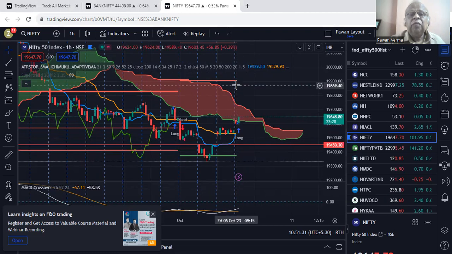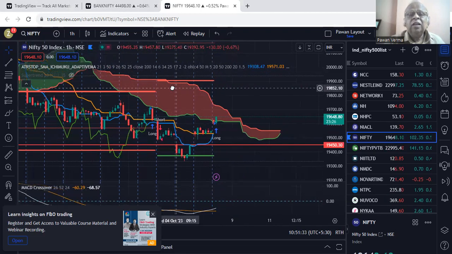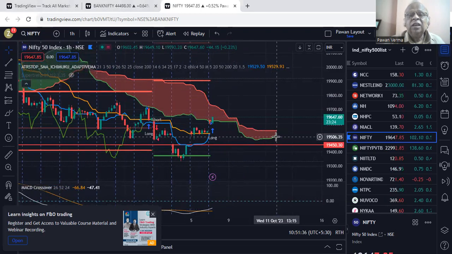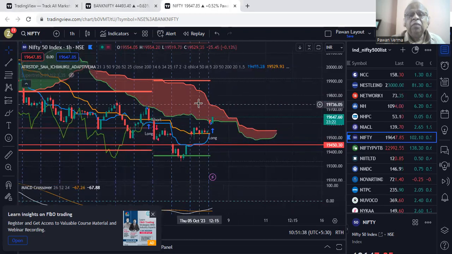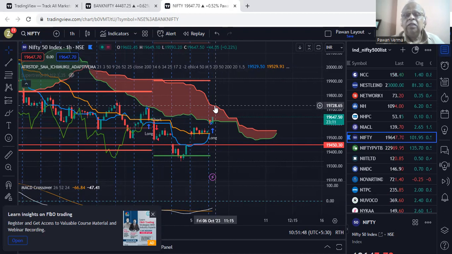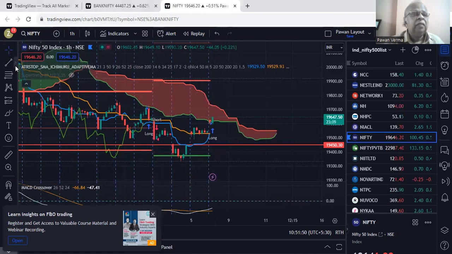So friends, if we see the bounce back, Nifty can reach the level of 19,728. Mark this level first of all.